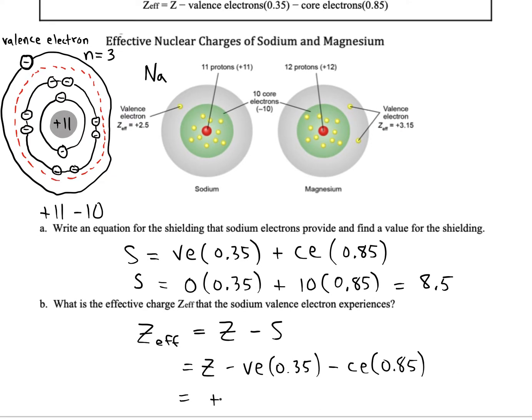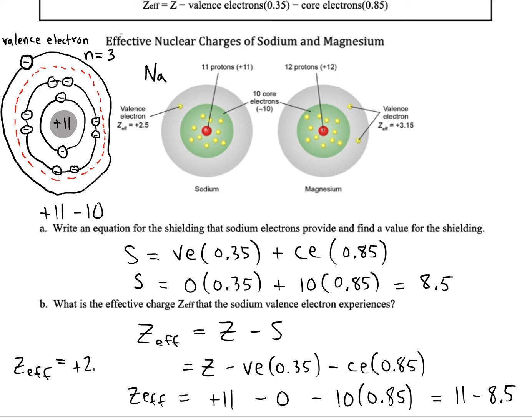So we'll have plus 11 minus 0 minus 10 times 0.85. So this is 11 minus 8.5, which gives us a final effective charge of plus 2.5 for sodium.